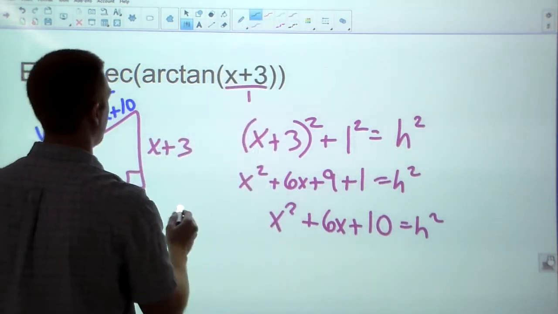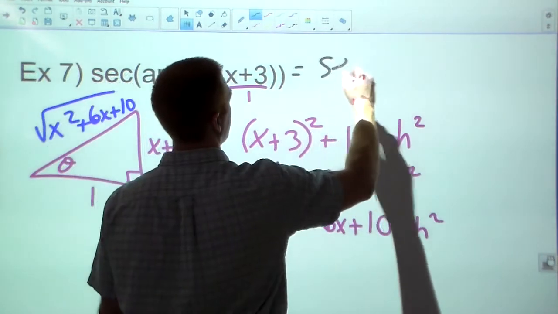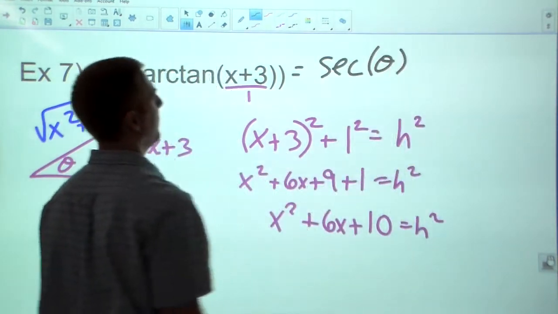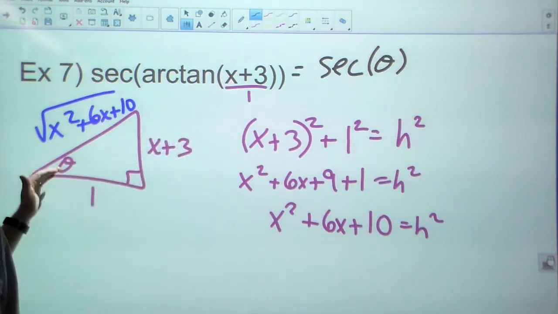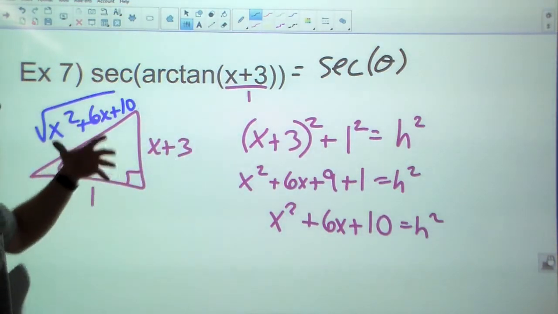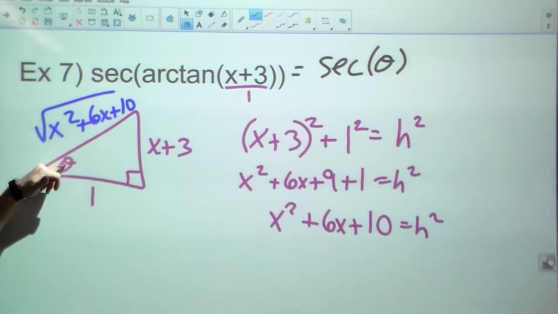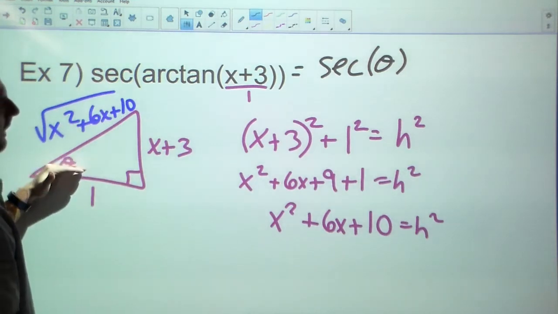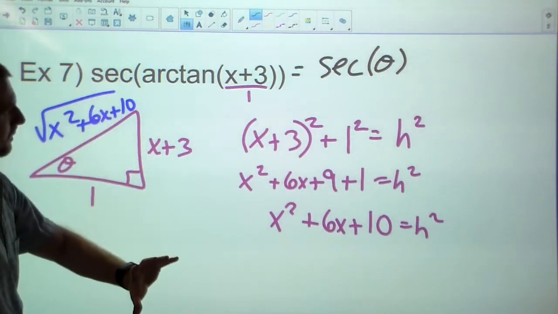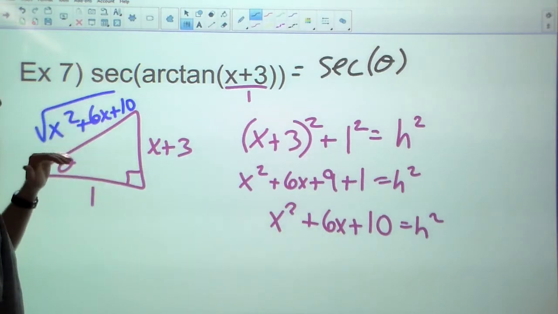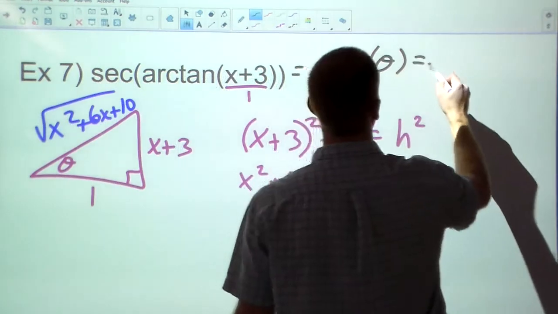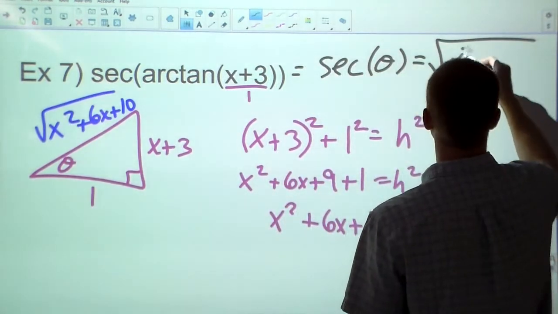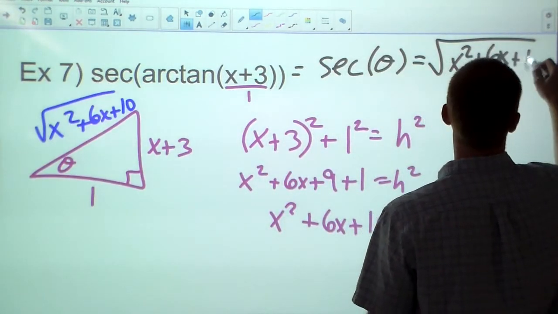Right, well, that means that I'm going to end up taking secant of the angle, because again, if arctangent is this ratio, then that's your angle right here. You could rewrite that. So for this angle, secant comes from cosine. Cosine's adjacent over hypotenuse, so secant's hypotenuse over adjacent. The answer to this is square root x squared plus 6x plus 10.